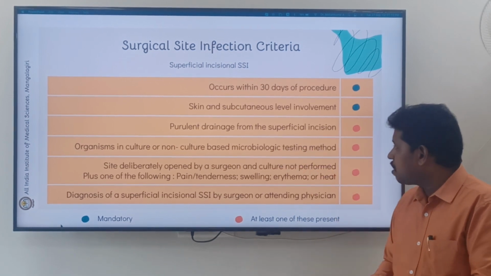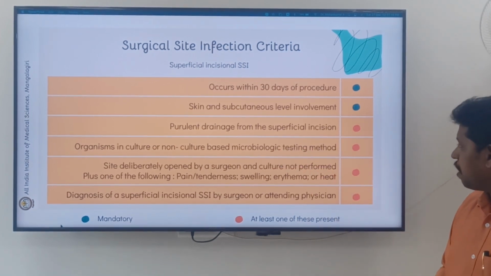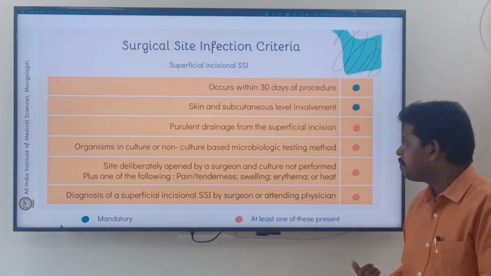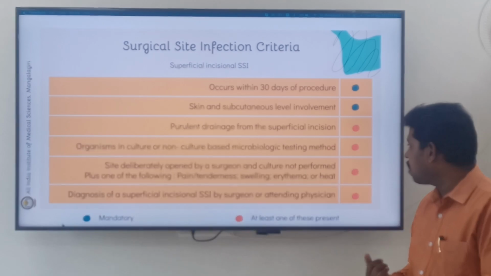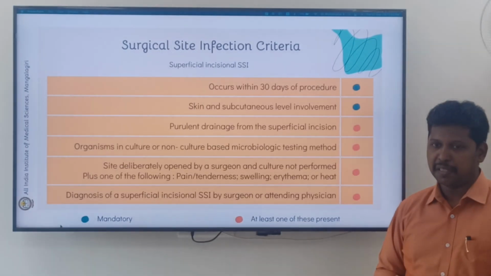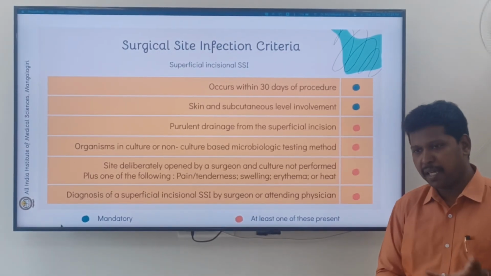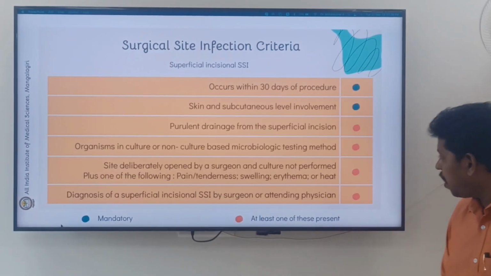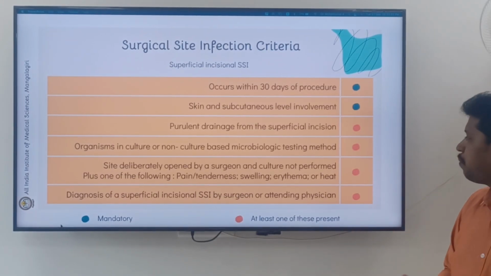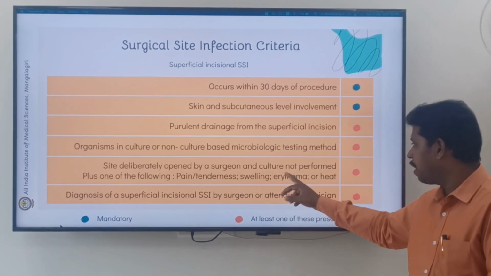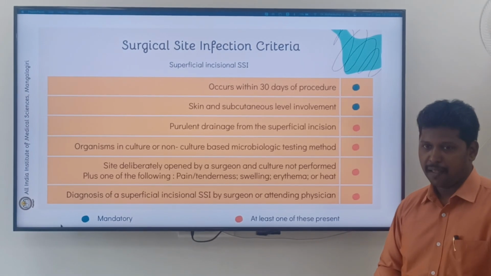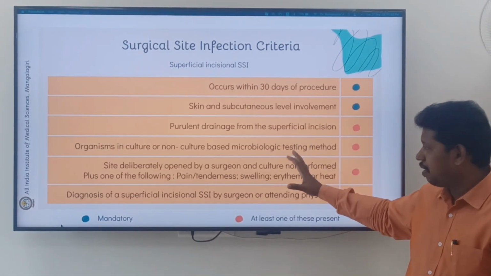Then purulent discharge from the superficial incision. That is one criterion, that can be one of the points. Organisms in culture or non-culture based microbiological testing method, so the organisms are identified by culture or other methods. Site deliberately opened by a surgeon and culture not performed, plus any one of the following: pain or tenderness, swelling, erythema and heat. So it's all quite complex.